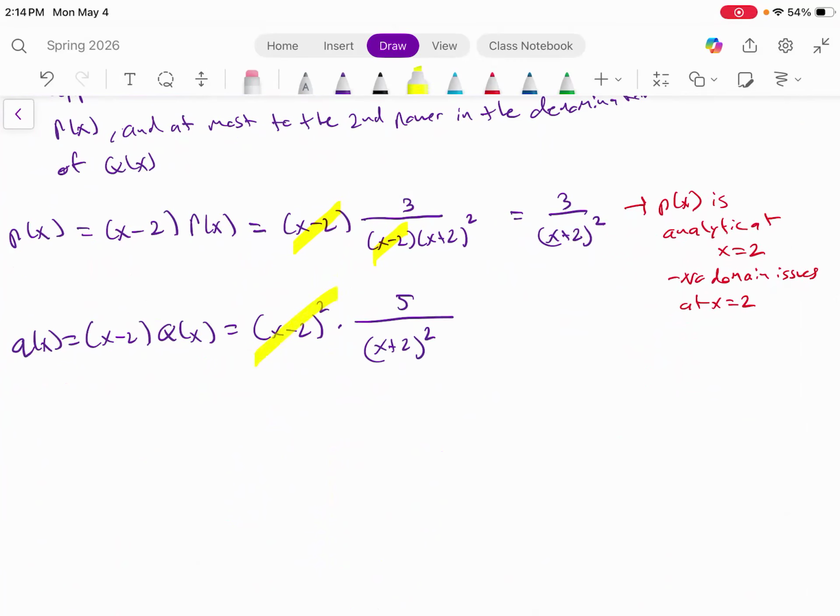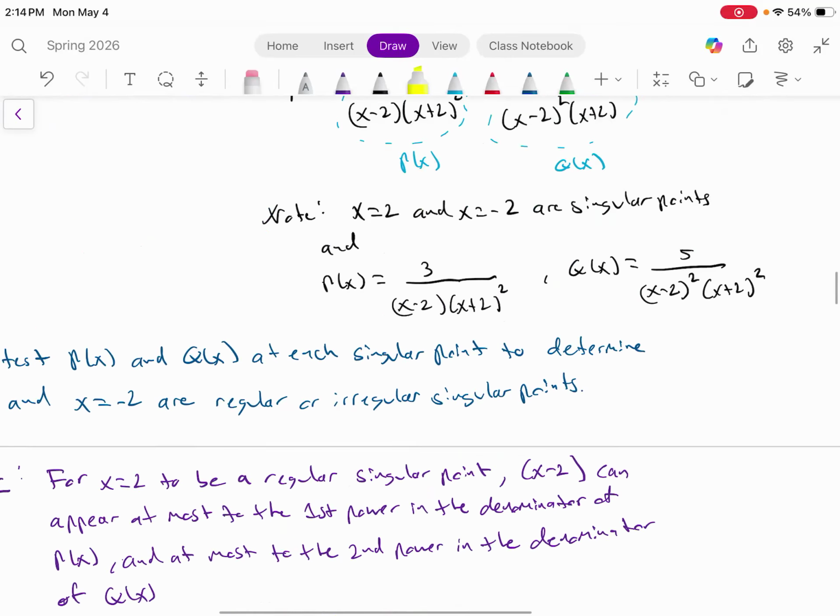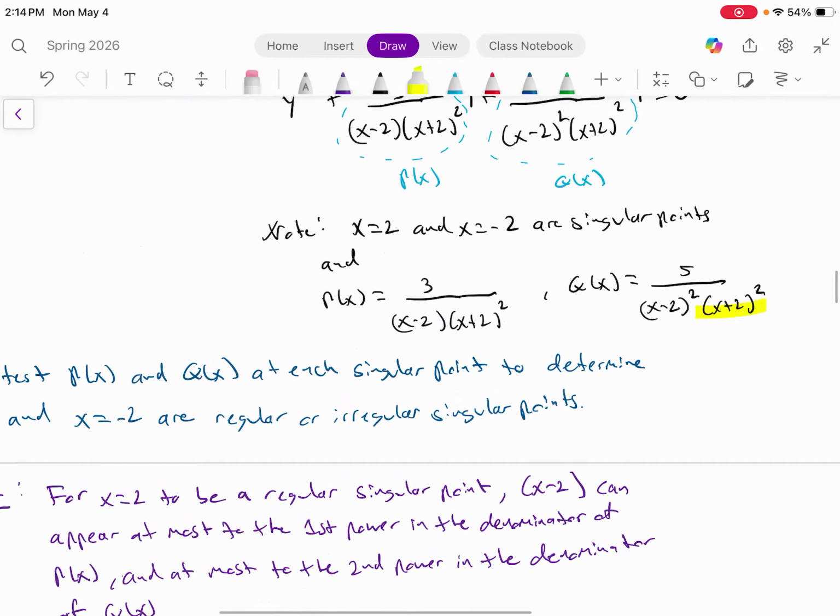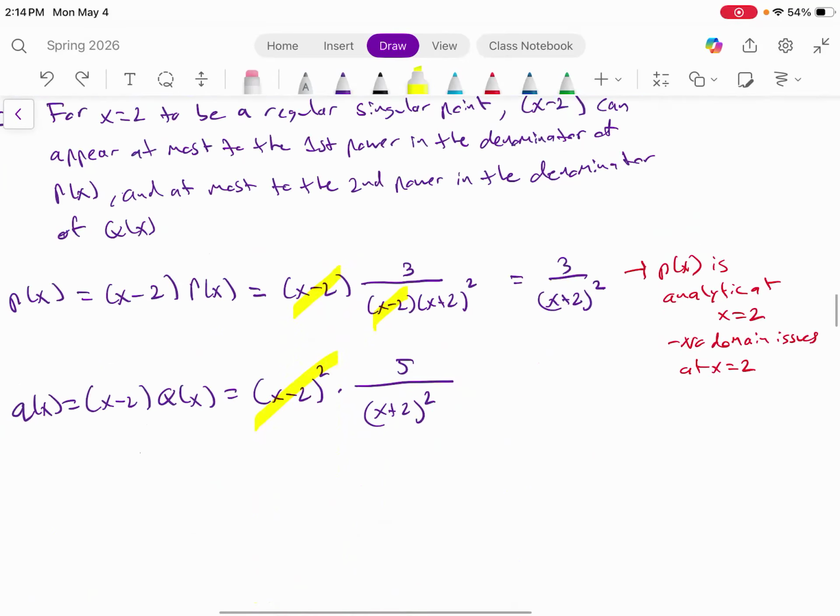Well, that works out well too. The x minus 2 squareds cancel out. And so what I'm left with is just 5 over x plus 2 squared.